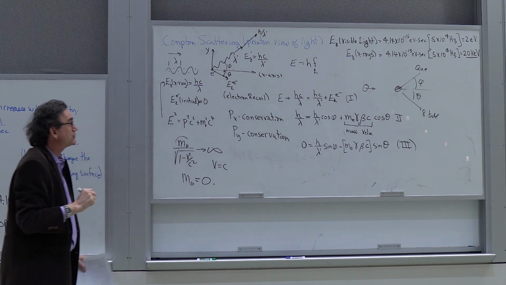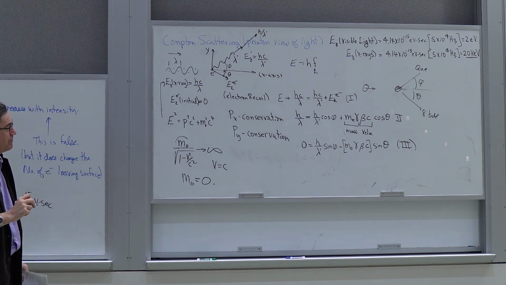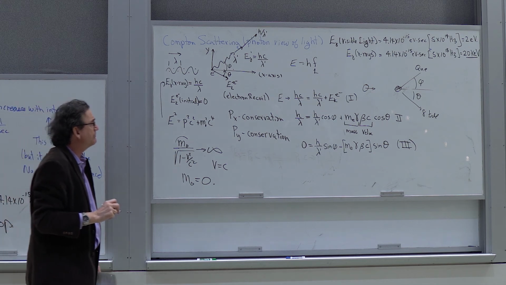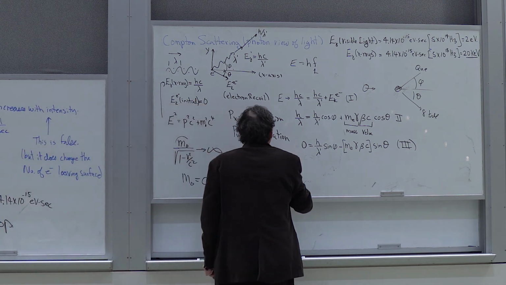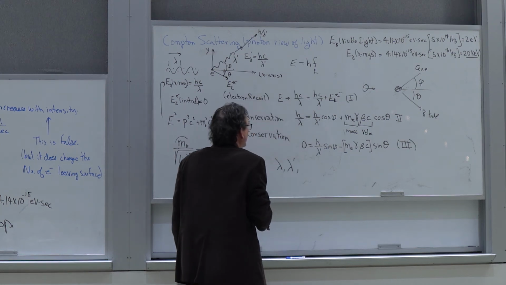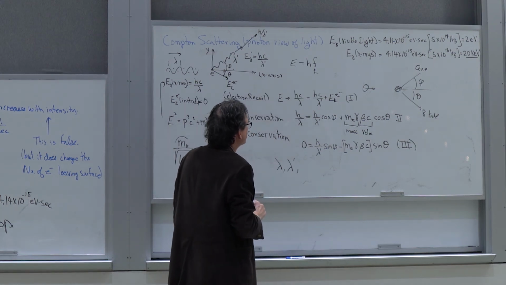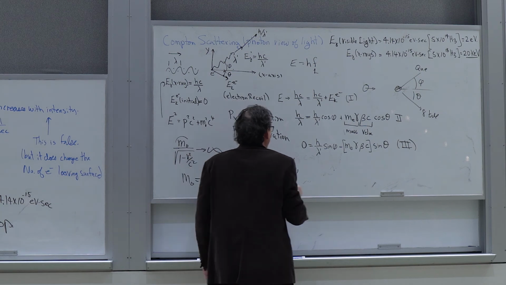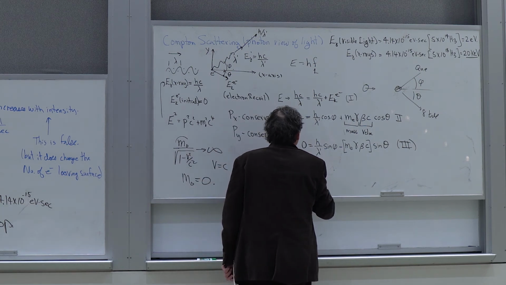And that's equation 3. Okay? So let's see what I've got in terms of equations and number of variables. My variables: I have lambda prime, which is clearly a variable in here. I have velocity v, which is equal to beta times c.